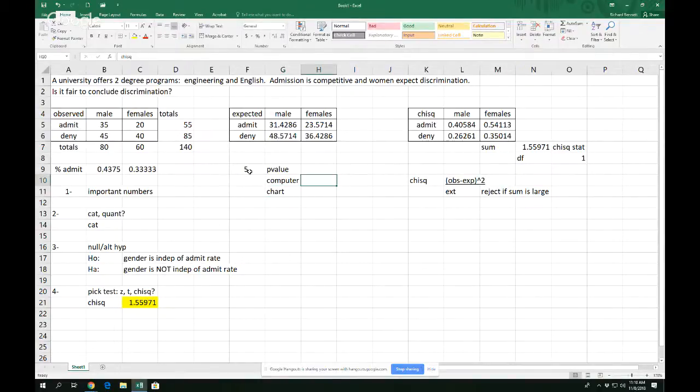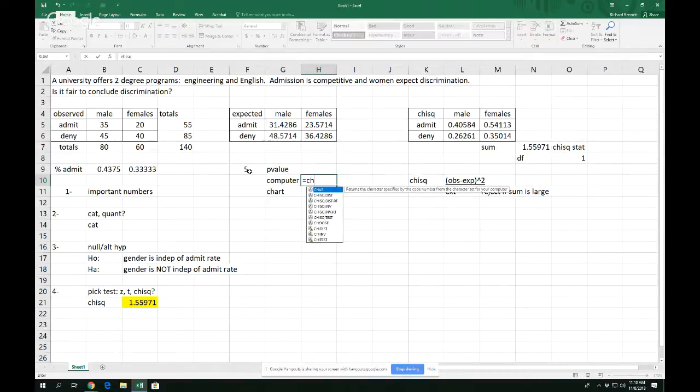Now, if you were going to come up with a command for the p-value for the chi-square distribution, Robert, what would you call it? Chi-square? Chi-square. And that's exactly chi-square.